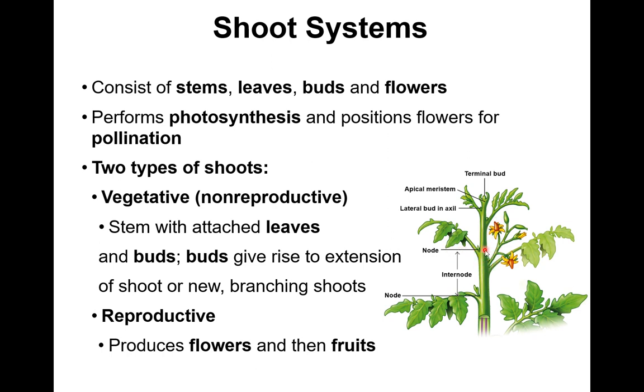Now, other words I want to use here: you can see how there is a main stem and then you have lateral stems that originate from areas referred to as nodes, and the space between these nodes is referred to as the internode. You'll see when we talk about monocots how there is specific tissue here which is responsible for the growth in between the nodes.